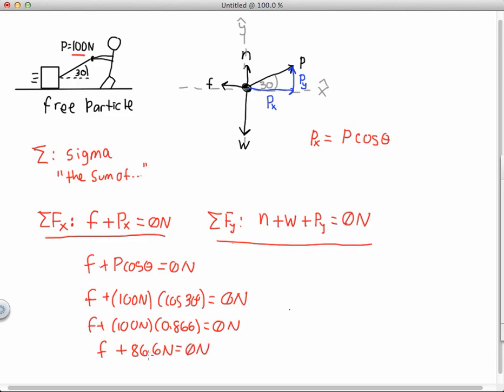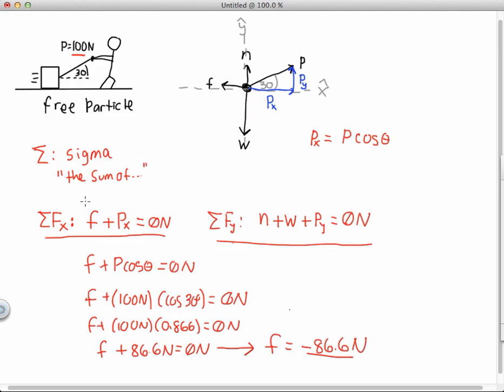And if I solve this for F by subtracting 86.6, F then equals negative 86.6 newtons. Now, F points in the negative direction, so it makes sense that it should be a negative force, and it's the same magnitude as the component of the pull in the x direction, which makes sense because they're the only two forces acting in the x direction, and they have to add to 0.